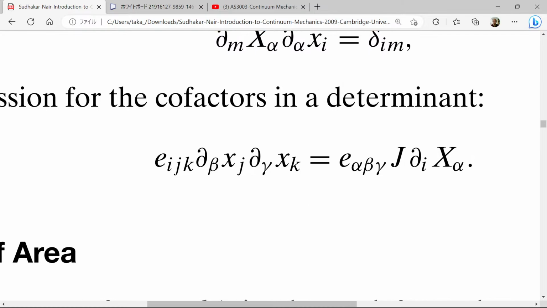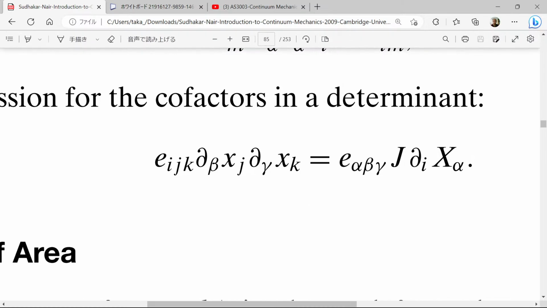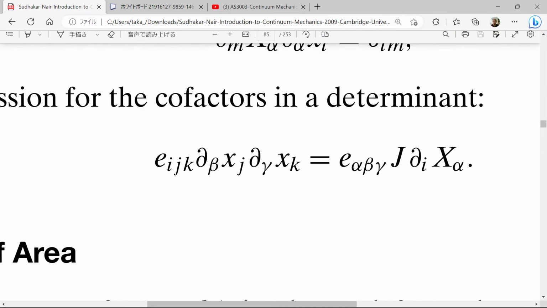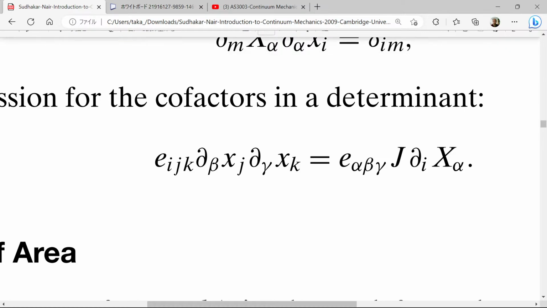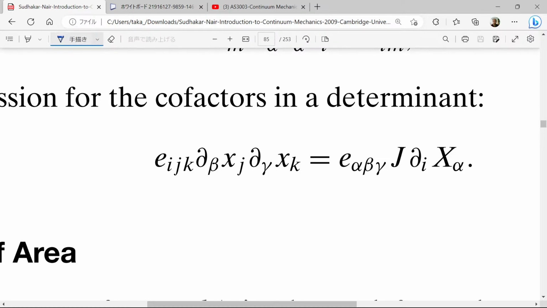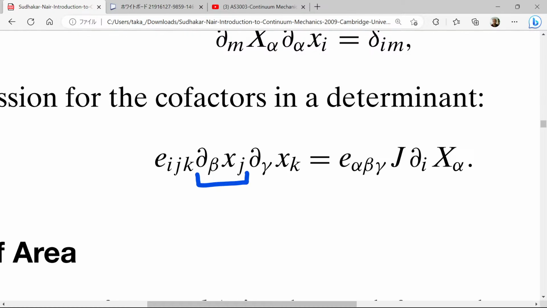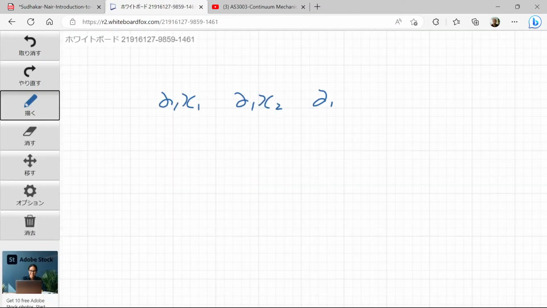Maybe left-hand side. So first of all, this is the matrix element. This is a matrix element for F, as we discussed last time. So this matrix looks like this.